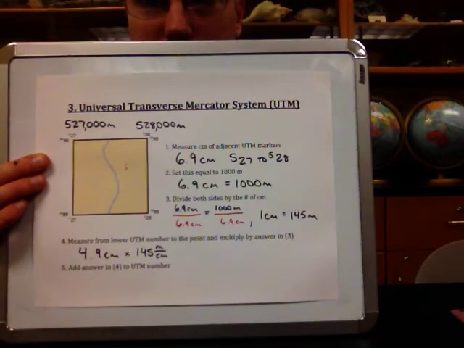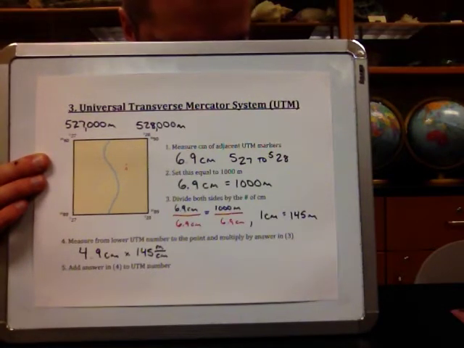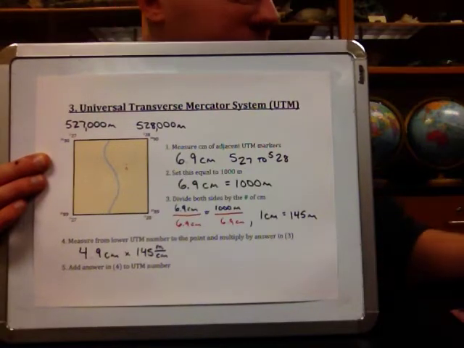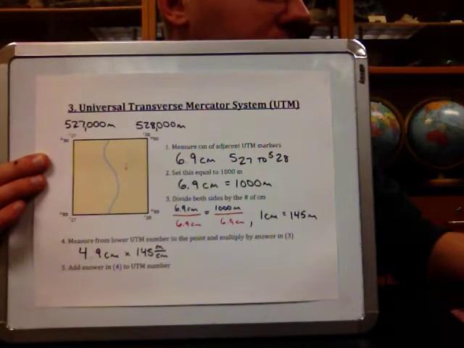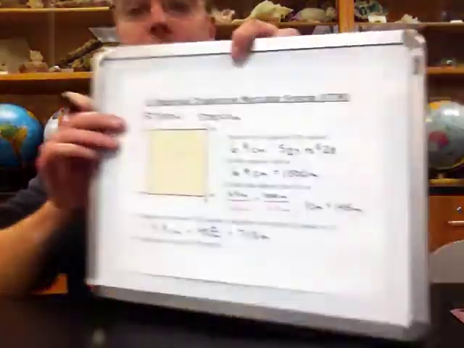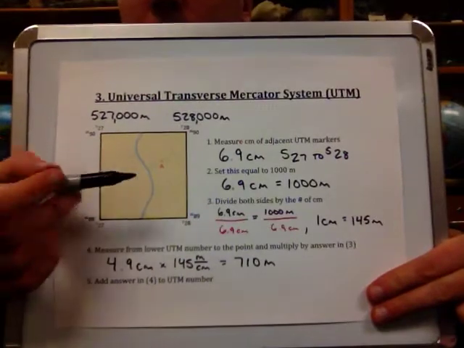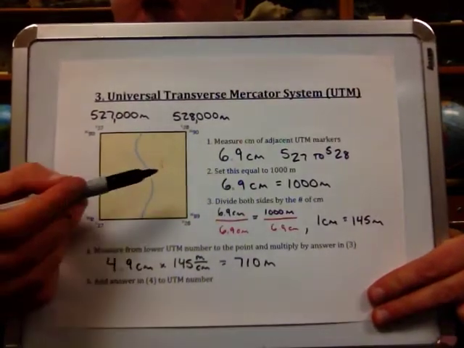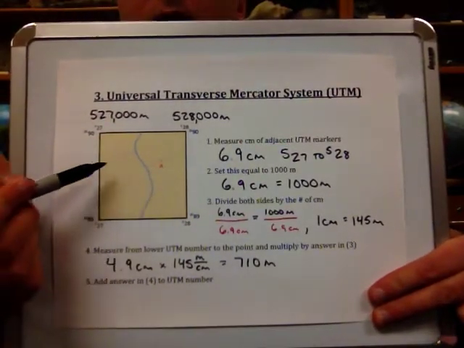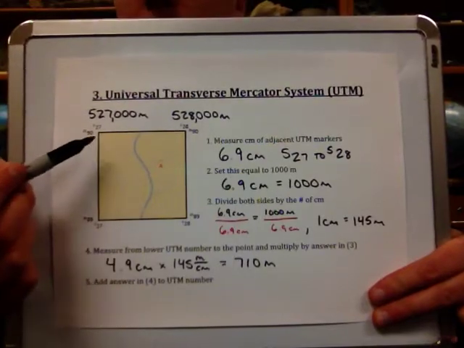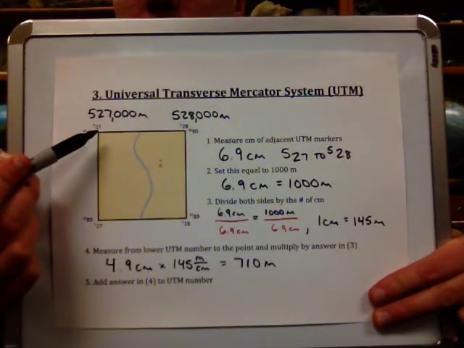So 145 meters per centimeter times 4.9 centimeters is going to give us a number, and again I'm going to round it to an even number for simplicity's sake, of 710 meters.